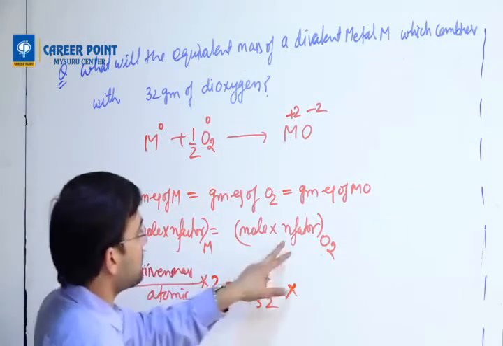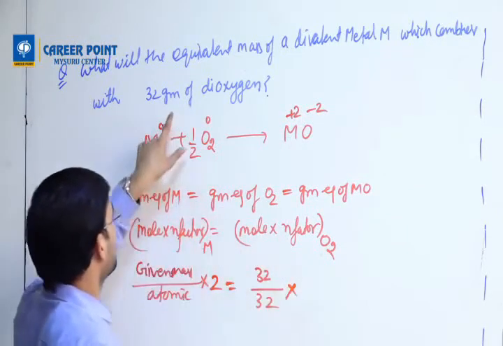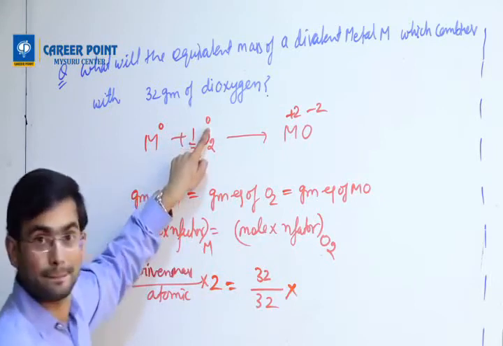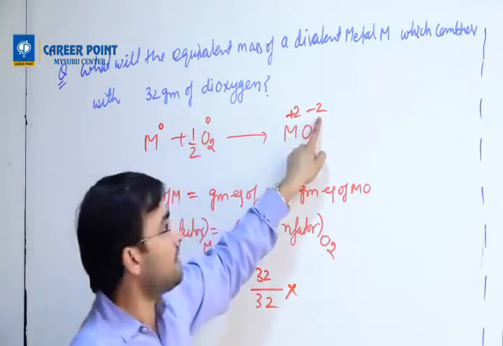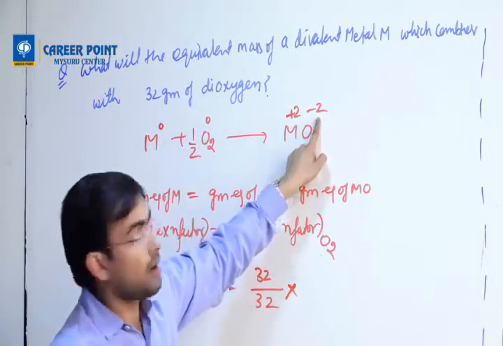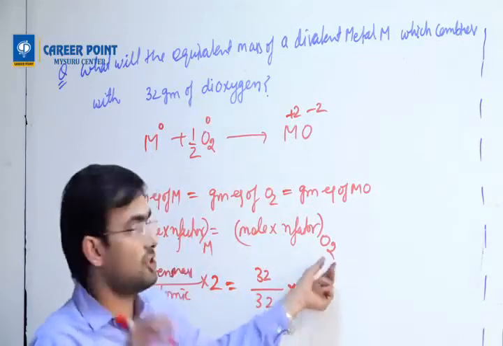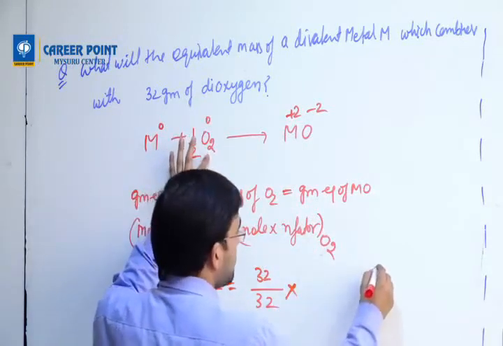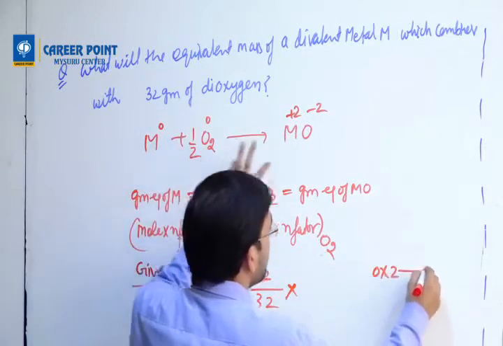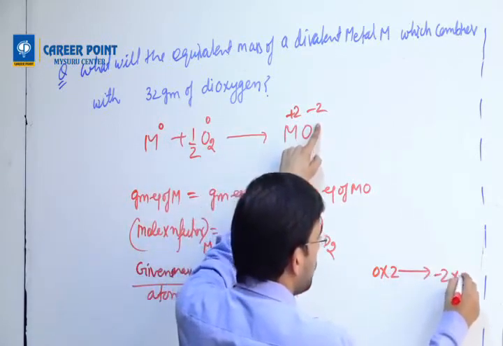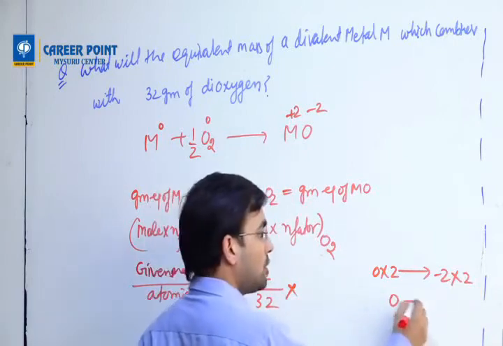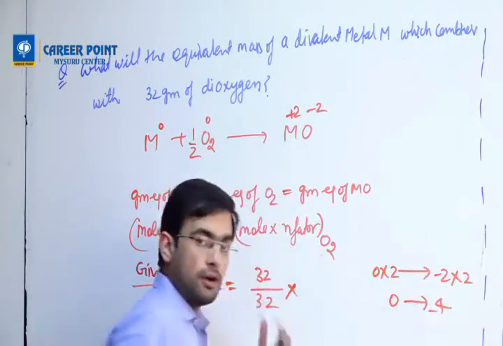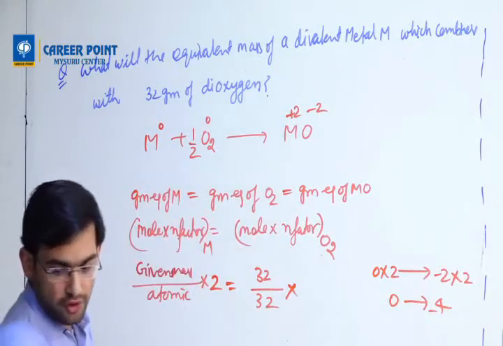Now the n factor of O2. So 0, there minus 2. But O2, how many oxygen? 2 oxygen. So 0 into 2, minus 2 into 2. So 0 to minus 4, changes by 4.